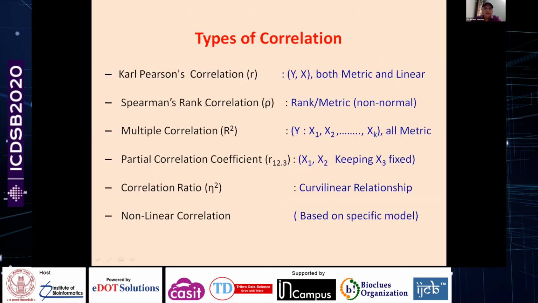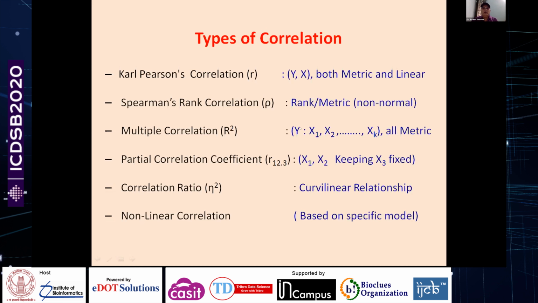And if your data is present in the form of ranks, let's say from a 5-point Likert scale or 7-point scale, you can use Spearman's rank correlation, right? But you cannot use it if both of them are categorical or nominal variables. Then there are different types of correlation, which I'll discuss in the next 2-3 minutes. Just bear with me, I'll give you a few examples where they are useful. Then there is another type of correlation, which is called multiple correlation.